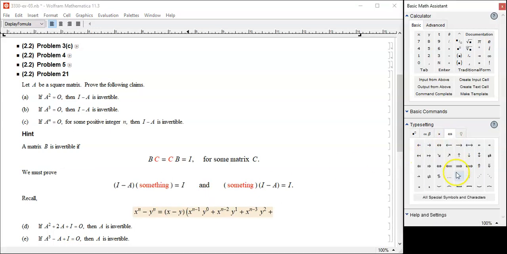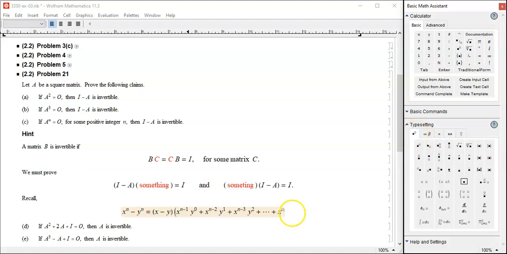And I got a little bit tired of it, so let me use dot dot dot, and then let's conclude: x to the first power y to the n minus second power, plus x to the 0 power y to the n minus first power. Okay, that's it.